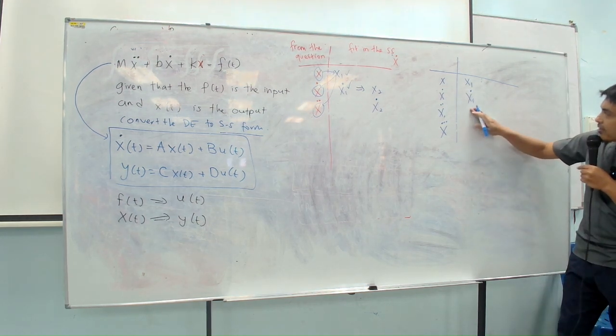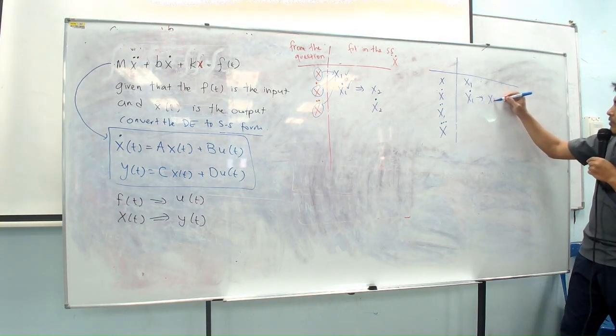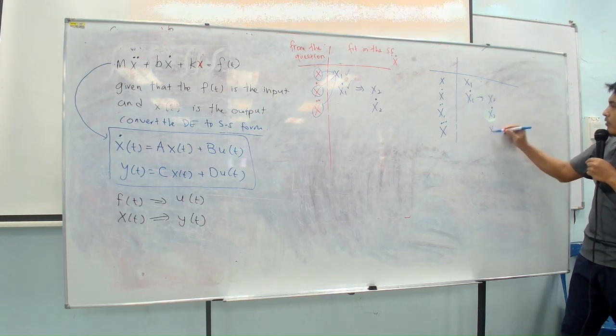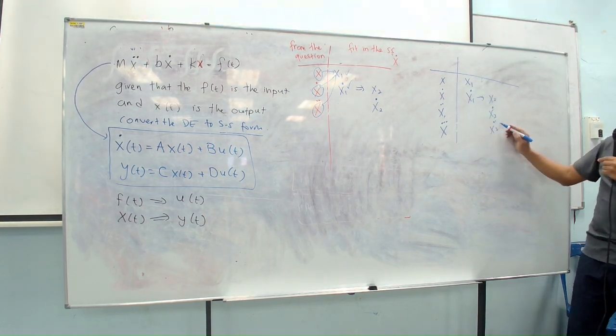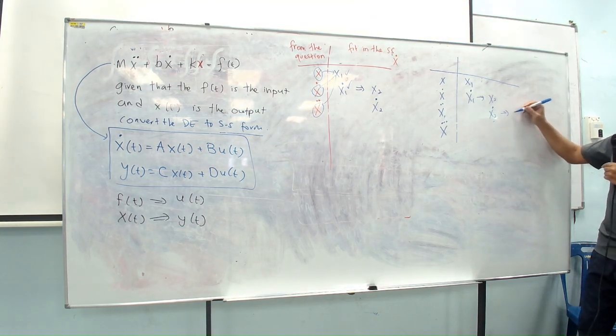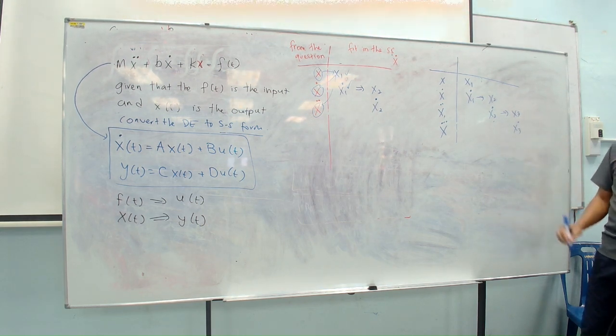So we cannot do it. So we need to replace x1 dot equal to x2, then it becomes x2 dot. Can we put x2 double dot? Because two dots, we need to cancel it, we need to replace with x3, then it becomes x3 dot.